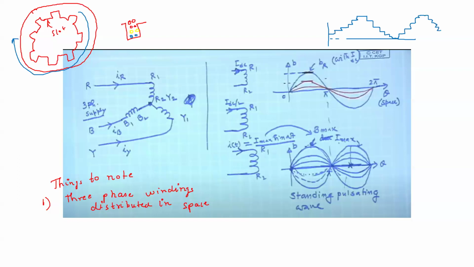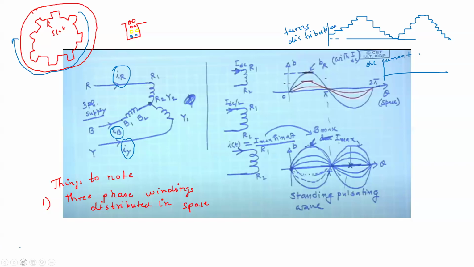But remember that this is the turns distribution. It is given in such a way that if you pass a DC current through these stator windings, IR, IY, IB, then what will happen? For DC current also you will get an AC MMF. Let me write it.